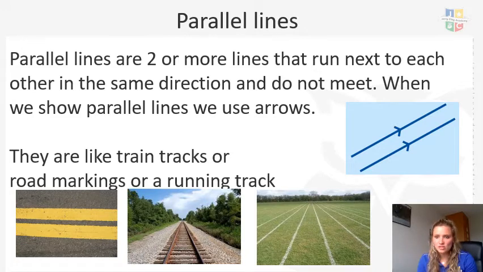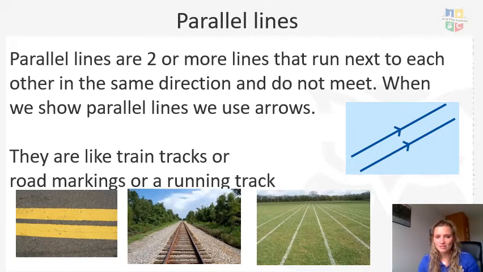So you might have seen some examples of parallel lines in different objects. So we've got train tracks. The train tracks have to stay the same distance apart the whole way, because if they obviously cross, the train will fall off its tracks. Road markings, you might see parallel road markings. You might see a running track. The lanes have to be parallel, otherwise people would end up crashing into each other in the same lane.